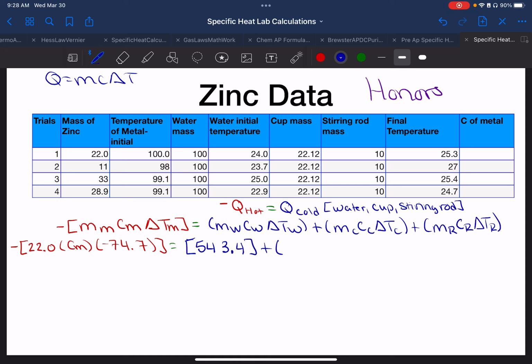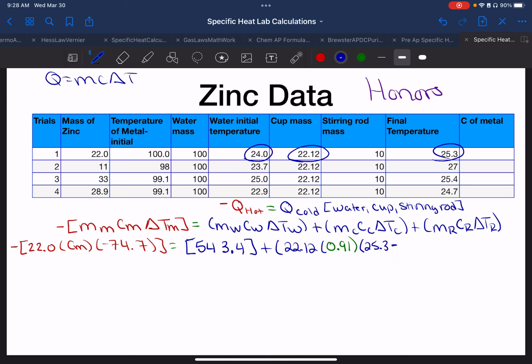Now I'm going to put in my mass of my cup, which was 22.12. The C of the cup, and this is going to be set for everyone, is 0.91 because that's aluminum. All right, and then my delta T that I had for that is going to be the same as what we saw, 25.3 minus 24.